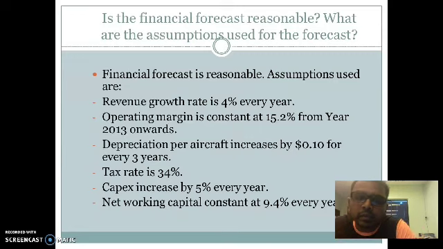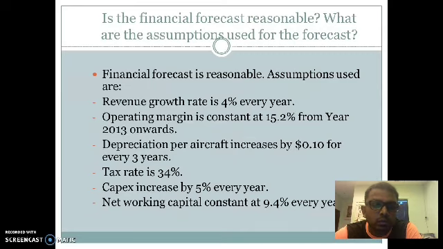The assumptions used for this financial forecast: number one, the revenue growth rate is fixed at 4% every year. The operating margin also remains constant at 15.2% from year 2003 onwards.